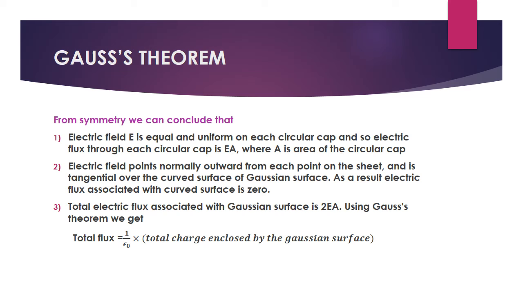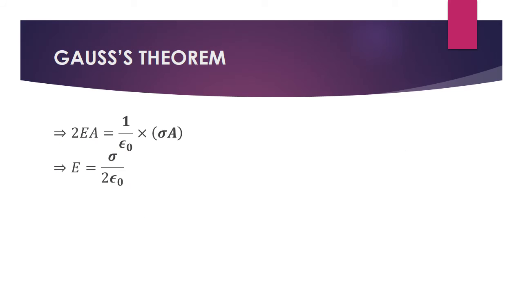We can see that the total charge enclosed by the Gaussian surface is equal to the charge lying over the circular surface of the sheet having area A. Thus, total charge must be equal to surface charge density sigma multiplied by area capital A. This means 2EA is equal to 1 by epsilon 0 multiplied by sigma A. So this gives the electric field E at any nearby point as sigma divided by 2 epsilon 0.